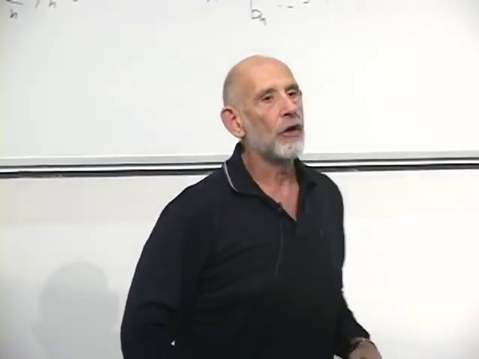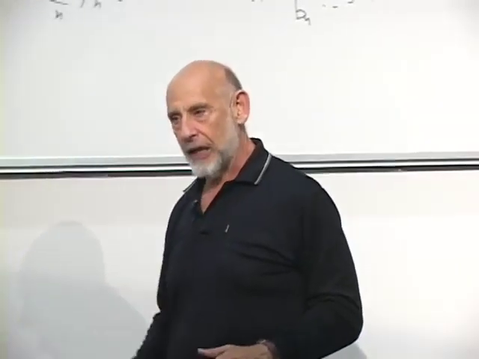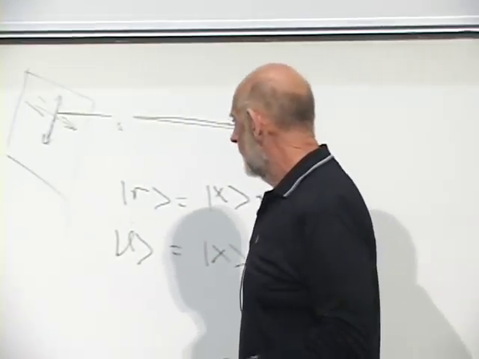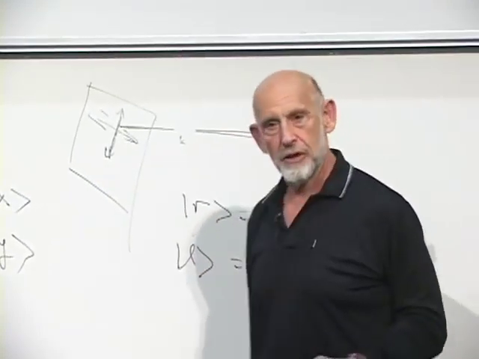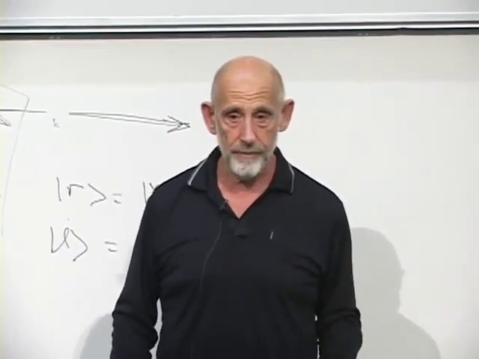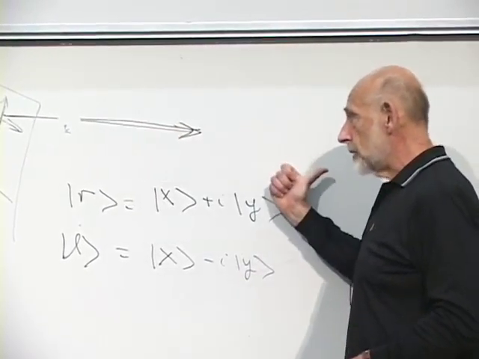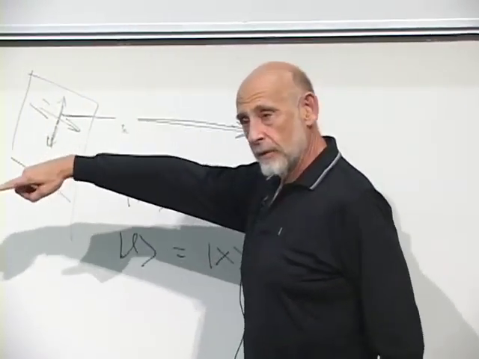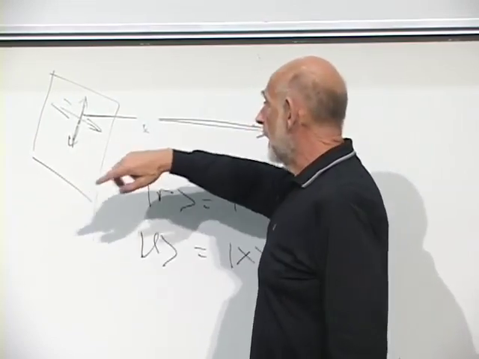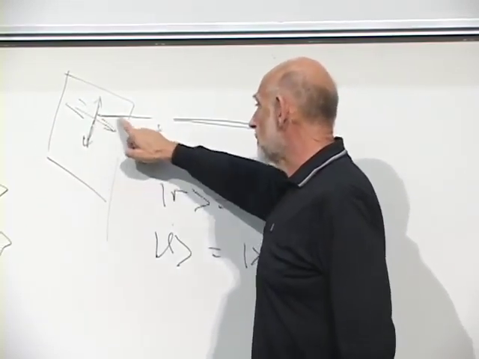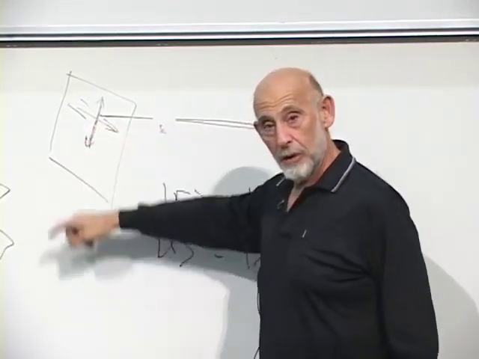If you use as your basis of states the circularly polarized states instead of the linearly polarized states, there are only two of them. The angular momentum of the photon is either along the axis or opposite to the axis, and there is no photon which has zero angular momentum along the axis.